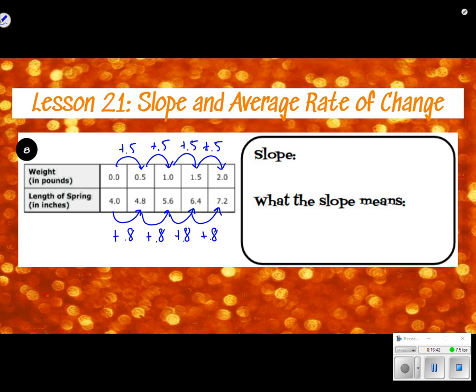So my slope is change in y, 0.8, over change in x, 0.5, which is going to be 8/5. You could look at this as 8 inches every 5 pounds, but you might want to know how much it is for every 1 pound. So 8 divided by 5 is 1.6 inches per pound. That makes sense in the context of this situation. If you wanted to use the 8/5, you could.